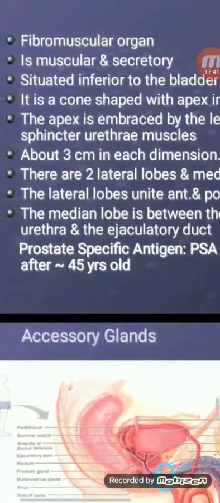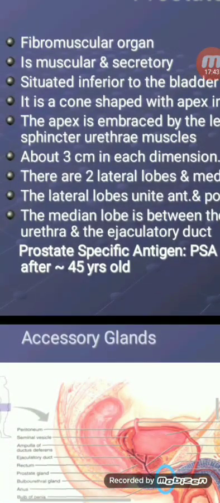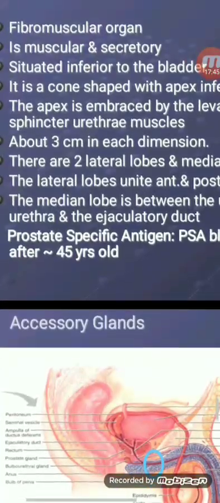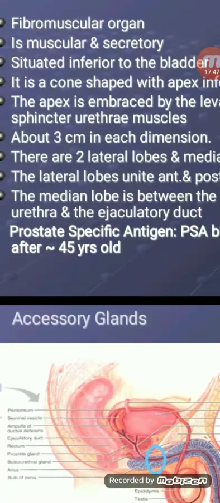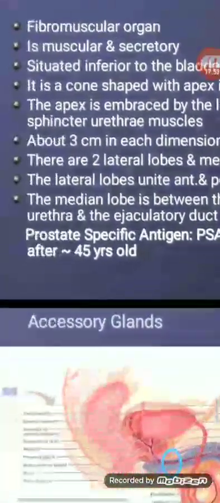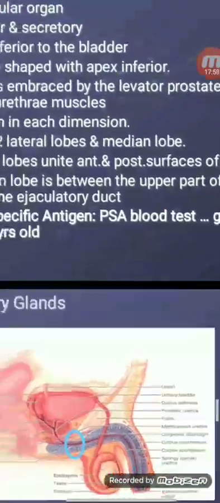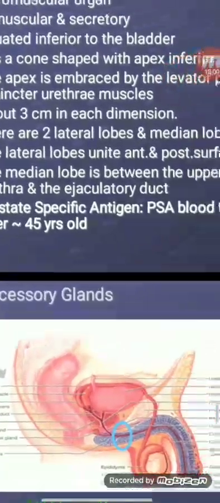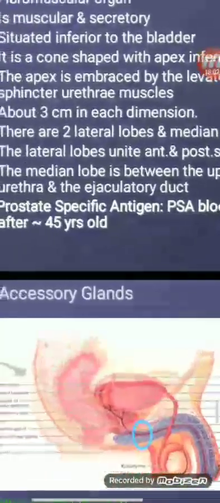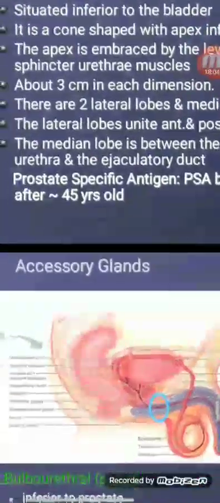It's about 3 centimeters in each dimension: in length, in width, and in thickness. There are 2 lateral lobes and a median lobe. The lateral lobes unite the anterior and posterior surfaces of the gland. The median lobe is between the upper part of the urethra and the ejaculatory duct.